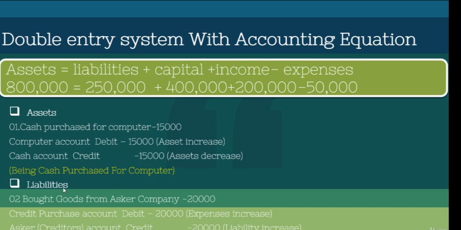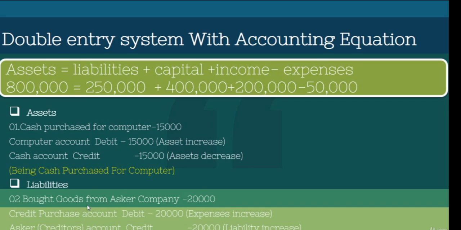The second one is liabilities. Liability transaction: bought goods from Asker company 20,000. Asker company means these are the creditors. If the transaction mentions a name, it means creditors or debtors. In this case, our creditors increase, it means liabilities increase.